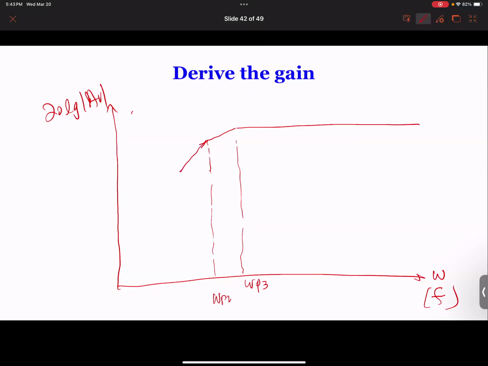And then you have another drop at omega P1, not drop, but on here, you have omega Z1 increasing by 20 dB. So this is 20 dB per decade, and this is 40 dB, and this is 60, and this is 40. The last 40, because you have a zero, so that zero will try to erase another 20 dB. So this is your low frequency response part.